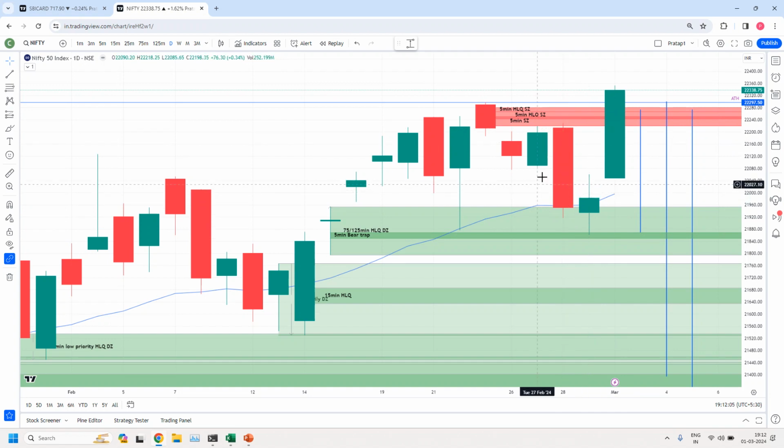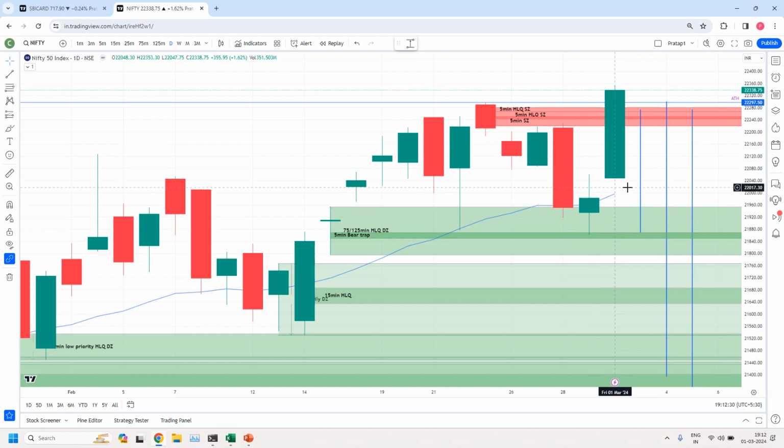That is what we have seen this week. A few days it got resistance from the supply zone and then prices moved down. After that, prices again came to this 75 minutes high liquidity zone or 125 minutes high liquidity zone. And inside we identified a 5 minutes bear trap, which provided the support and pushed the market up.